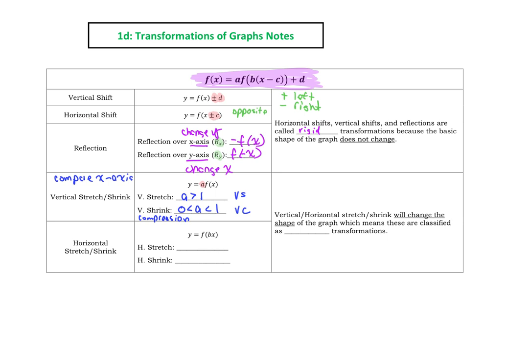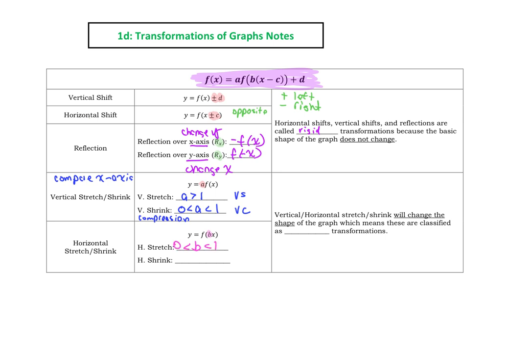Okay, now on to the horizontal. This is the B value, and it's inside the grouping symbol. The comparison between the vertical and horizontal is to think about them as opposite. A stretch for a horizontal is where the B value is between 0 and 1.